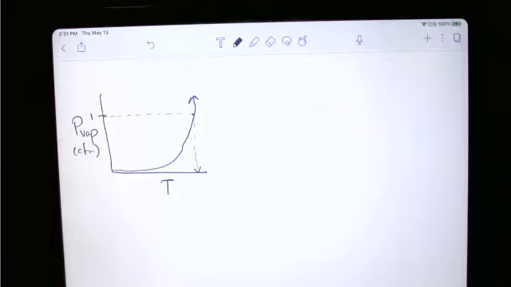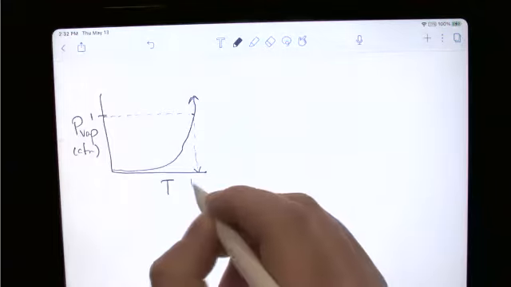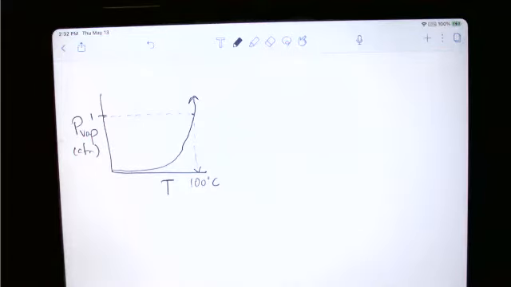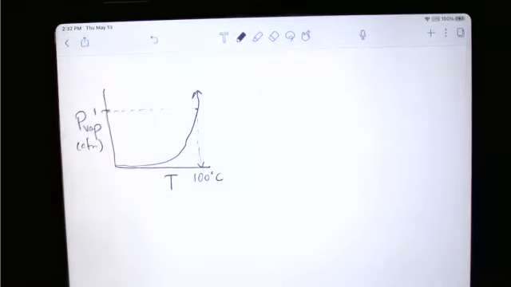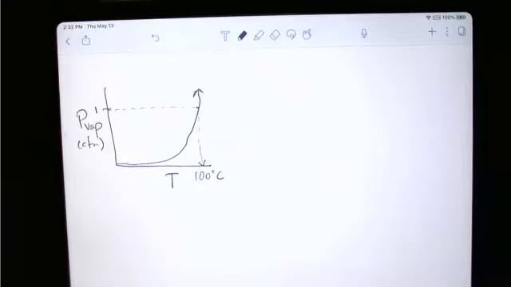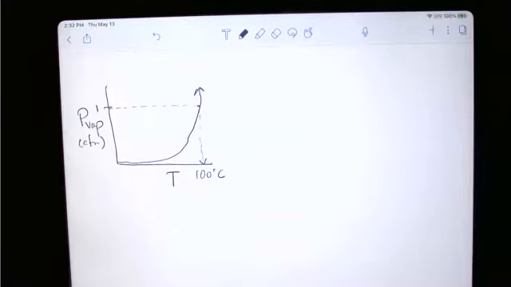Without looking in your data booklet, that would be 100 degrees Celsius, wouldn't it? Why is that? Because that's the normal boiling point of water. That's the temperature when water's vapor pressure is the same as standard pressure, right? So without even looking in my data booklet, I know what water's normal boiling point is. I should have been able to say that.